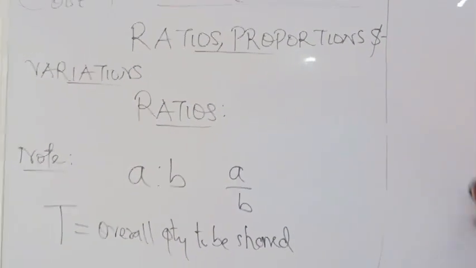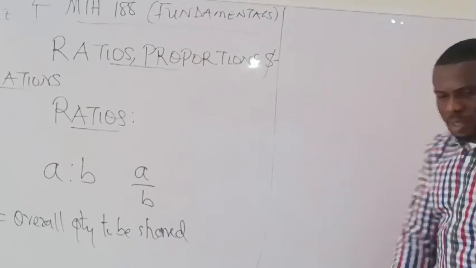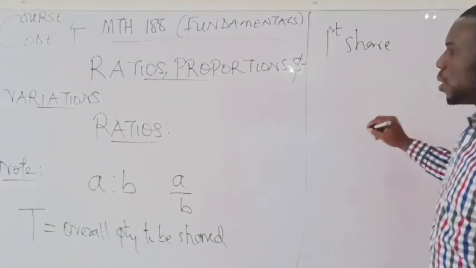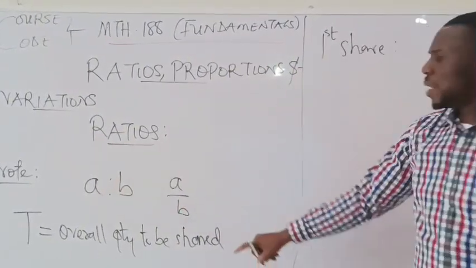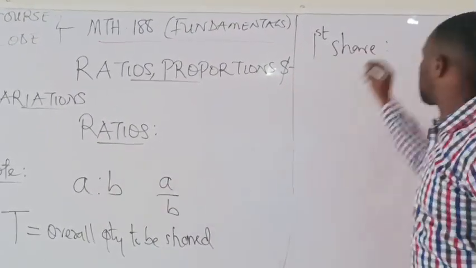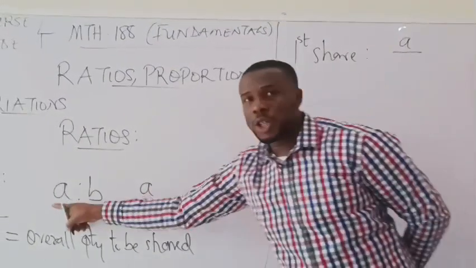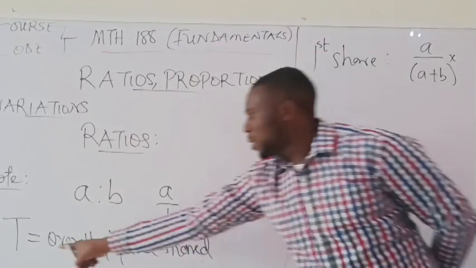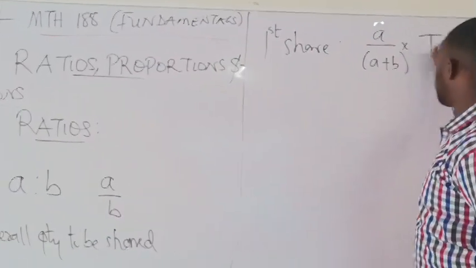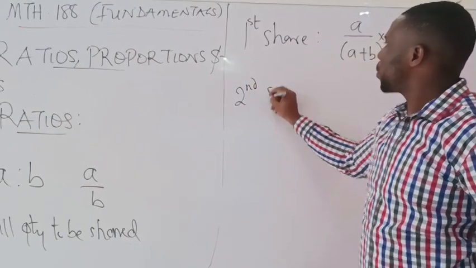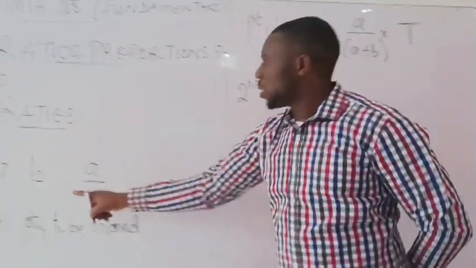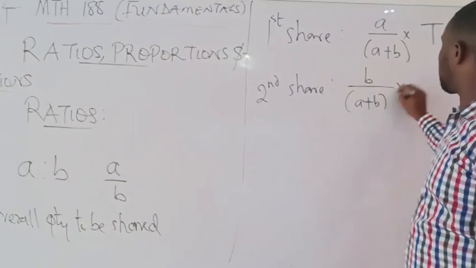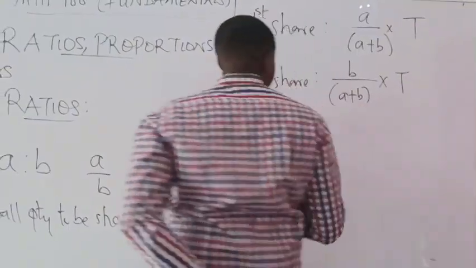The first person's share would be A over the sum of the ratios, that's A plus B, multiplied by the overall quantity to be shared, T. And the second person's share would be B over the sum of the ratios times the total quantity to be shared.